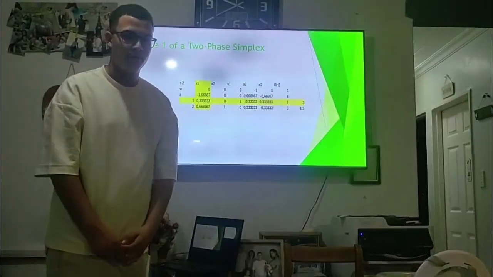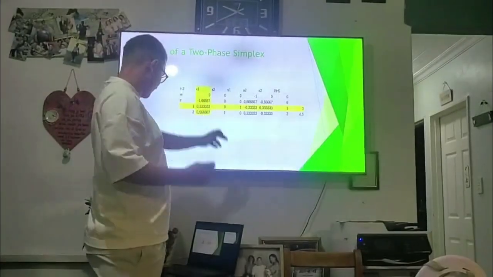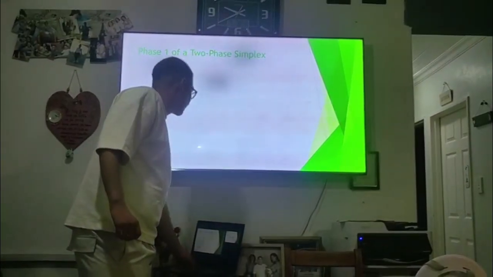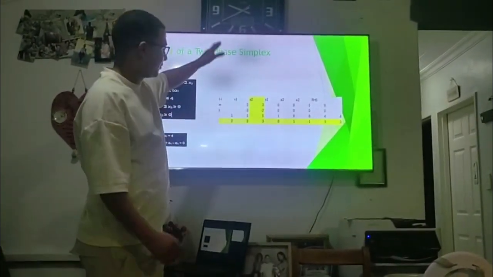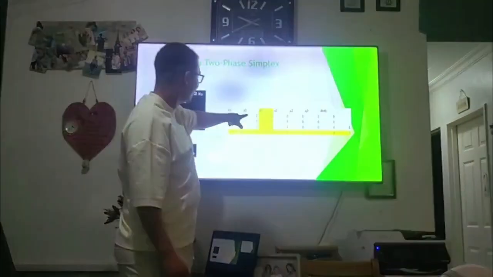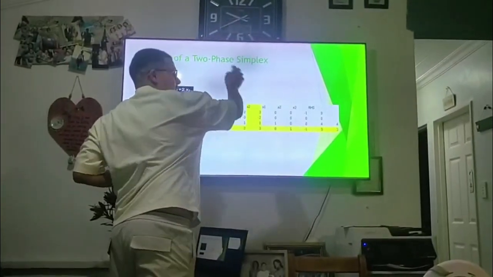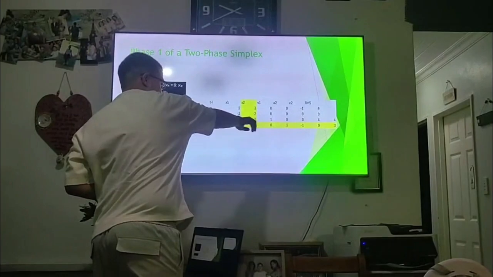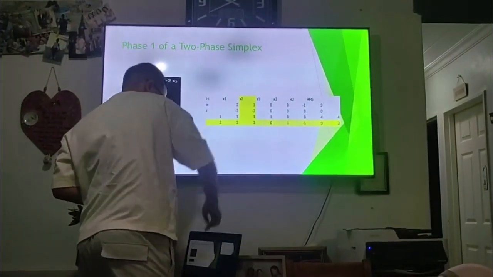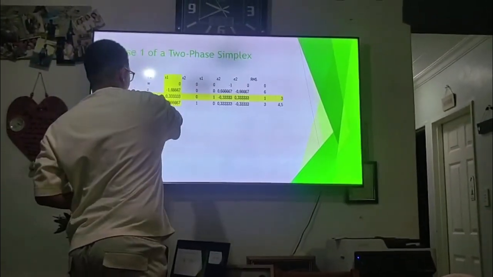This table over here, we got this by saying, okay, let's go back. So we got that next table by saying this value minus this value times the row that we're pivoting over here, but in the next column. So this one over here.